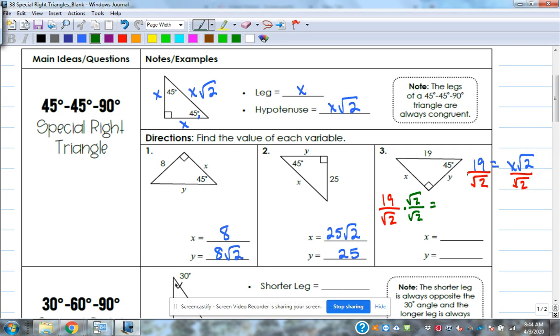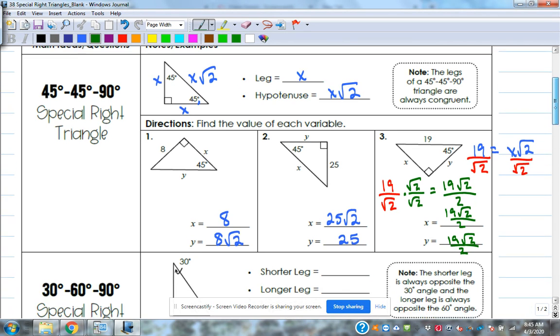And that's going to give us 19 radical 2 over 2. And that's what x is equal to, which is also the same thing that y is equal to. So 19 radical 2 over 2, 19 radical 2 over 2 for those sides there. So rationalizing the denominator is what we had to do there.